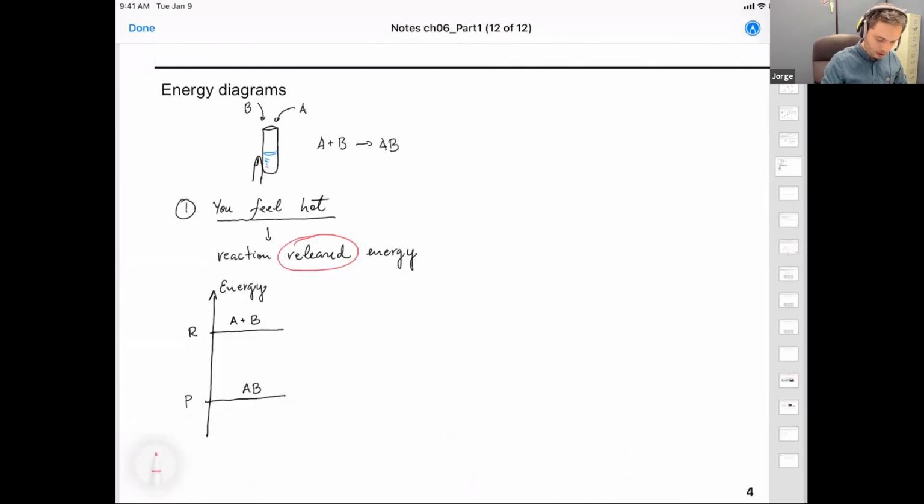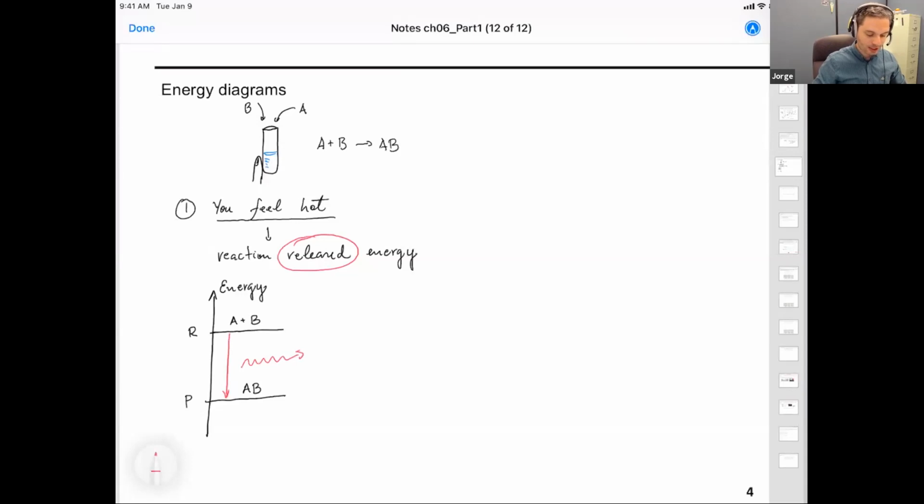Thus, the reaction A plus B giving AB in this case will release energy. That means the energy of the products is lower than the energy of the reagents. And that was the energy released that was used to heat the test tube.